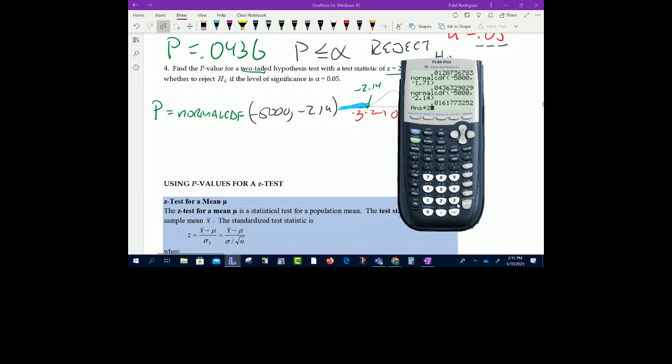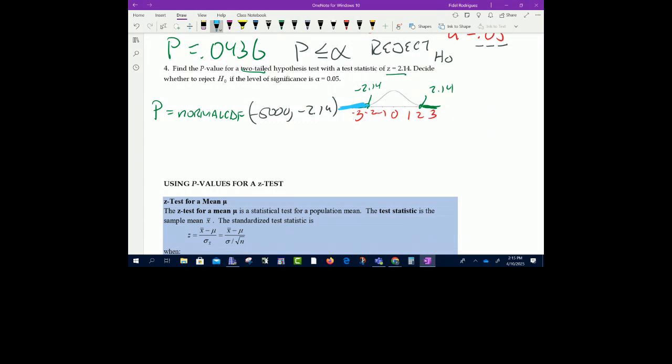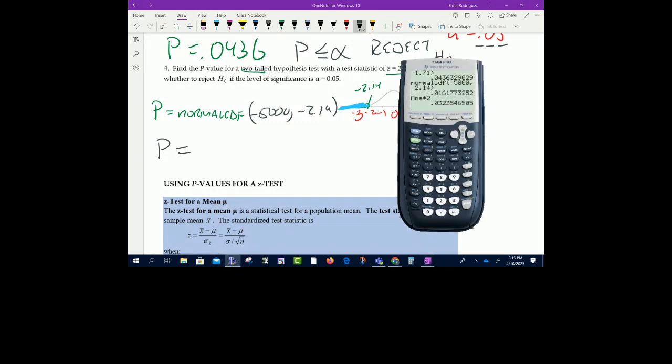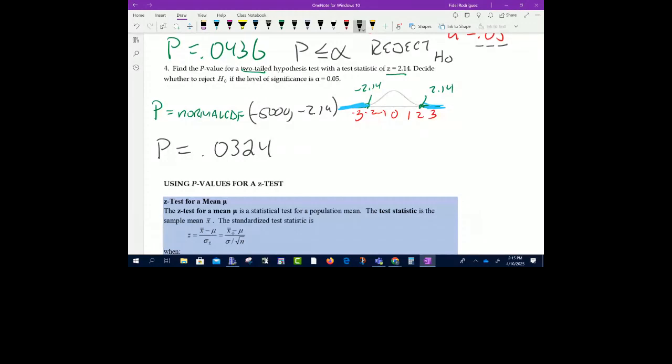We can multiply it by 2. And that's going to give me my p-value, because that area over here and that over there are going to be the same. But my p-value, though, y'all, is going to be, let's see, 0.03. What do you think? 23, 24? 24. 0.0324.